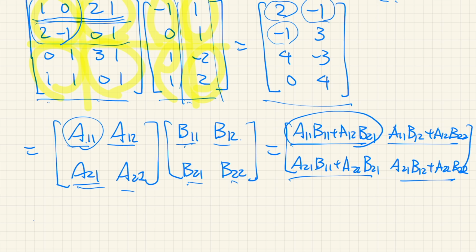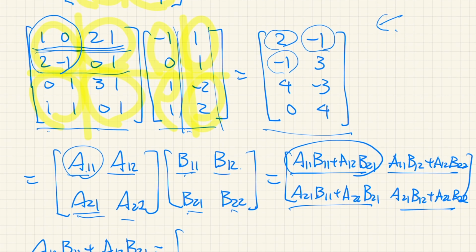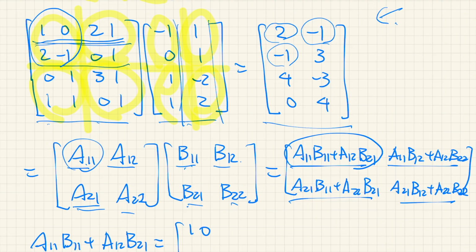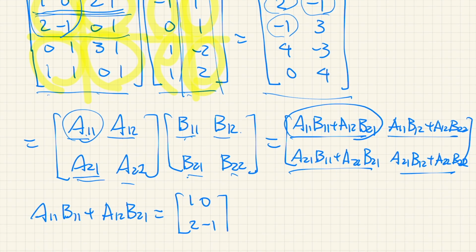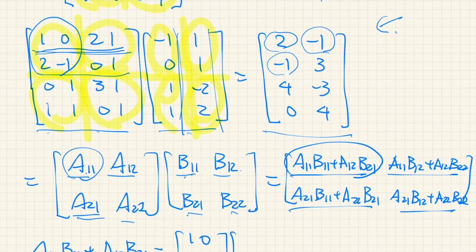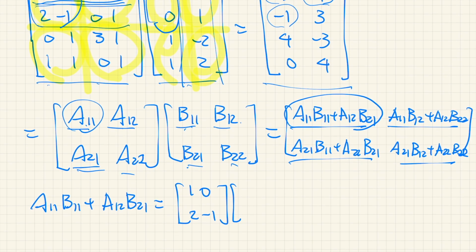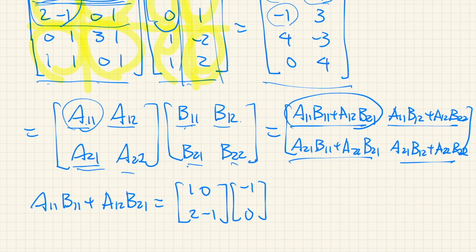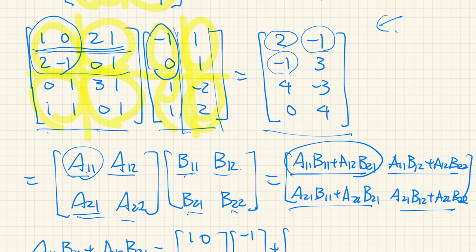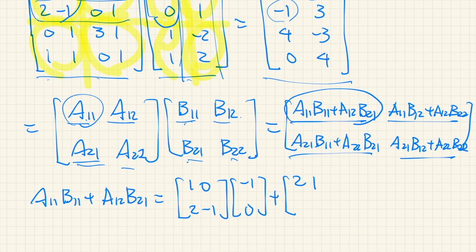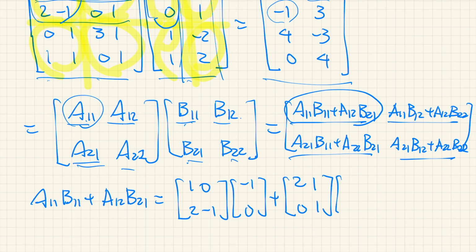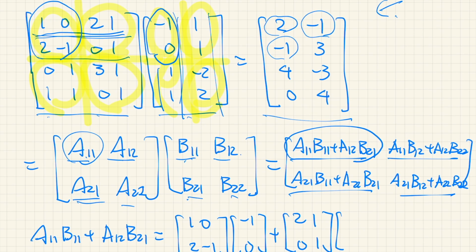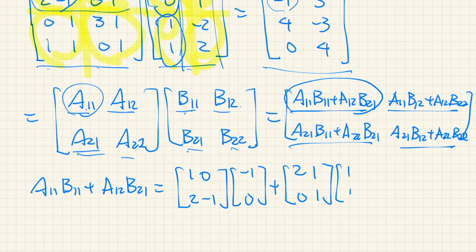First, pick this part: A11 B11 plus A12 B21. So A11 is this, so 1, 0, 2, -1, and B11 is this, so -1 and 0, plus A12 is 2, 1, 0, 1, and B21 is this, so that's 1, 1.